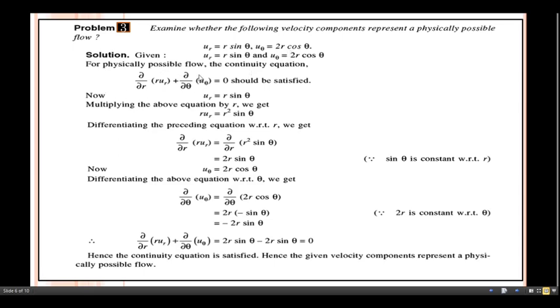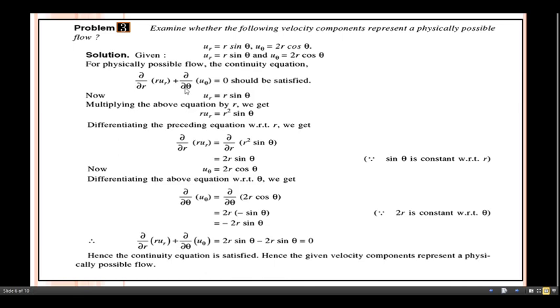For that we know the continuity equation in polar coordinate form: ∂/∂r (r u_r) plus ∂/∂θ (u_θ) equals 0. This equation should be satisfied.